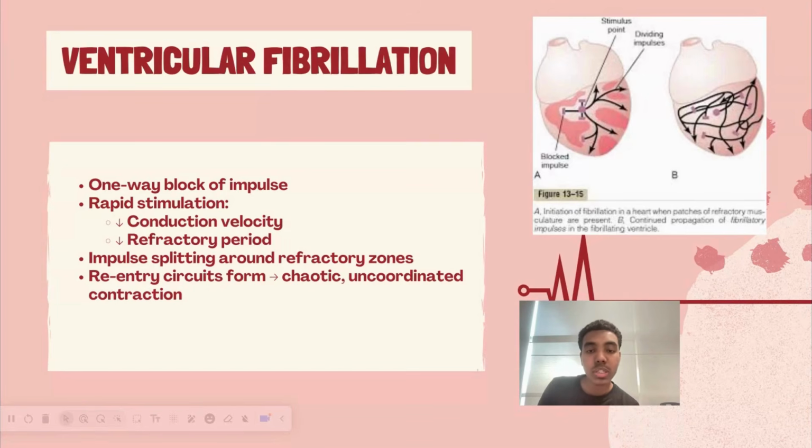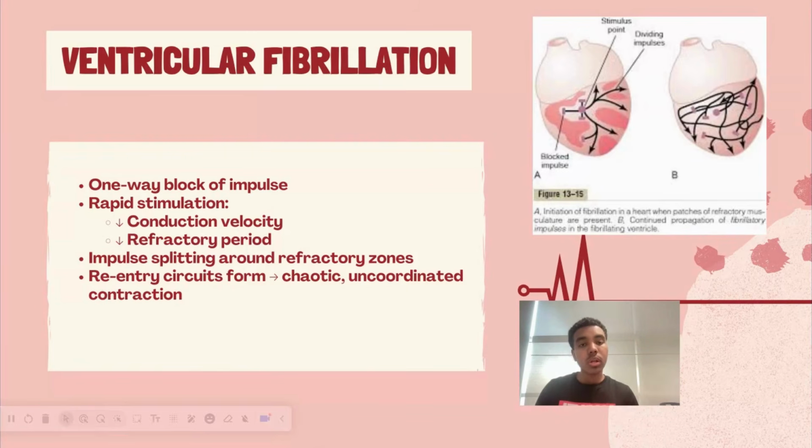When a depolarization wave reaches a partially refractory zone, it may split and travel around it. Take a look here. Once you get a stimulus point and impulses released from it, you're going to have refractory patches in the heart. When impulses go to those refractory patches, they get blocked, and this all happens in rapid stimulation.